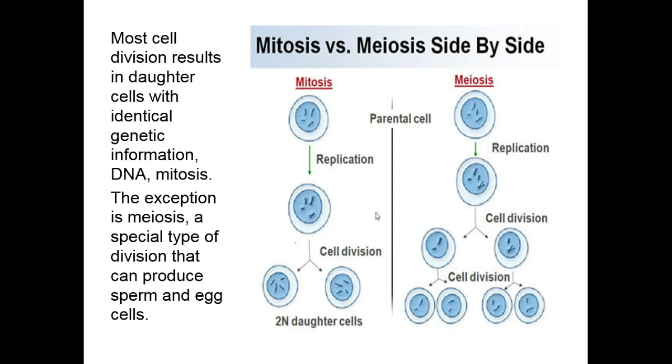There are two basic cycles that we will be looking at: mitosis and meiosis. And this idea of daughter cells. Most division results in daughter cells with identical genetic information, or DNA, and that's mitosis.